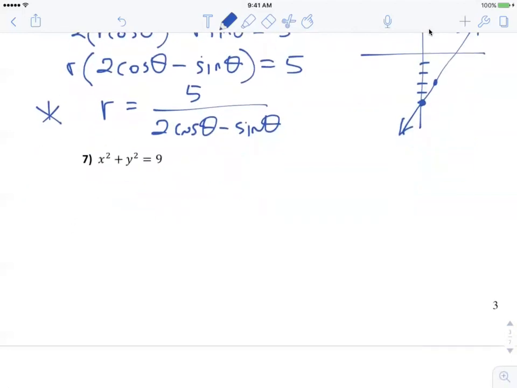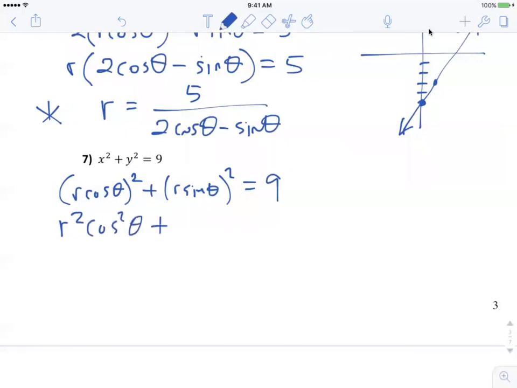Here again, I'm going to replace x with r cosine theta and y with r sine theta, but then each one is squared. So that gets rid of x's and y's and replaces with r's and thetas. Now I'm going to try to get this to where r is by itself. So I'm going to algebraically square this out. That's r squared cosine squared. That's r squared sine squared.